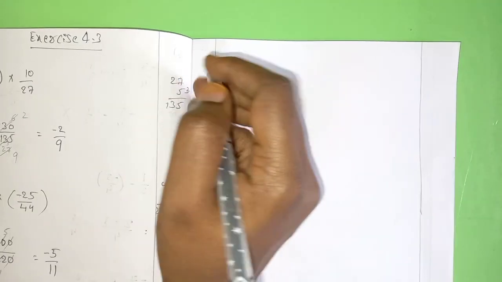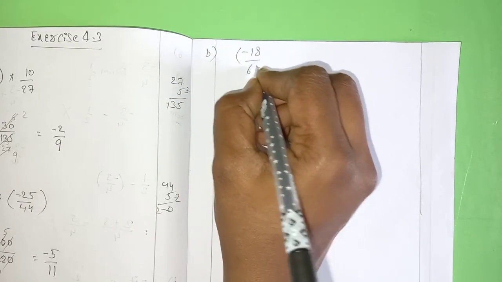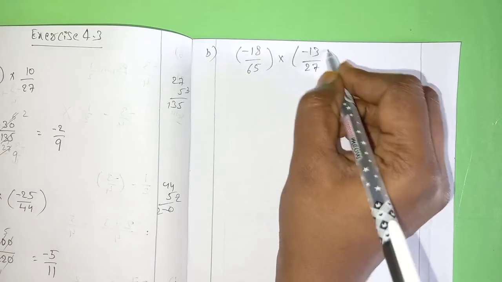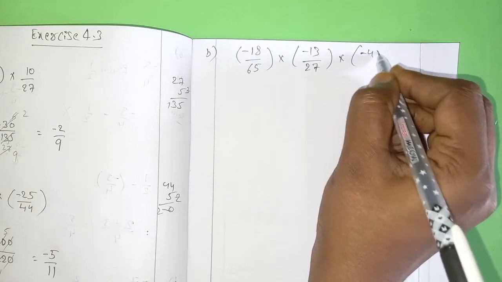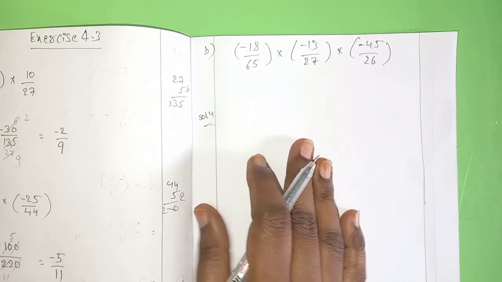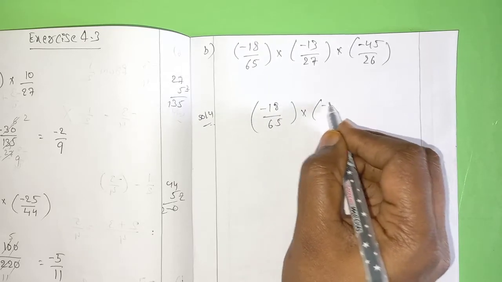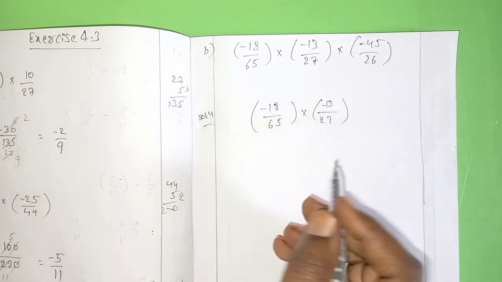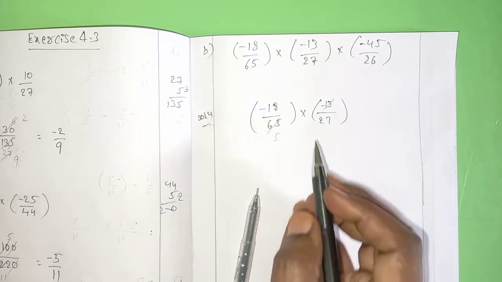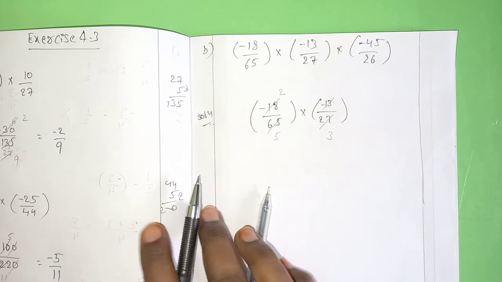Now I am going to explain B. Minus 18 by 65 into minus 13 by 27 into minus 45 by 26. First take only 2: minus 18 by 65 into minus 13 by 27. 13 ones, 13 5s. 9 2s, 9 3s.